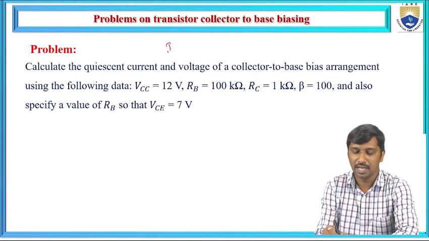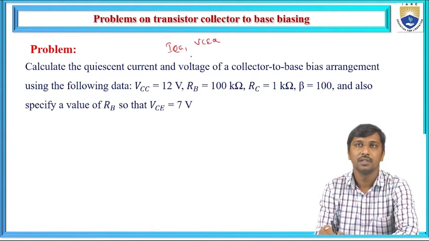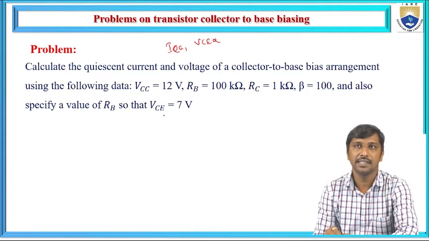So we need to calculate ICQ and VCEQ, the two parameters that define the operating point. After that, let us consider VCE as 7 volts, and with respect to this VCE of 7 volts, we need to calculate how much base resistance is required.